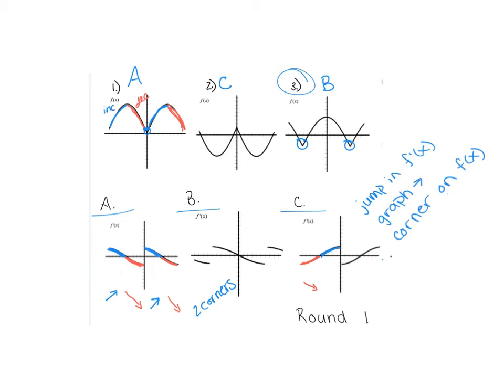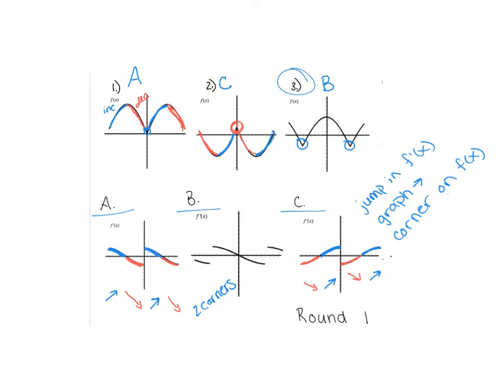Then my derivative is positive, so my function must be increasing. My derivative is negative, my original function must be decreasing. And then my derivative is positive. And if we look at graph 2, it is decreasing, and then increasing, and then decreasing. Oh, I forgot the corner. There's a corner at x equals 0, and then I'm increasing again.